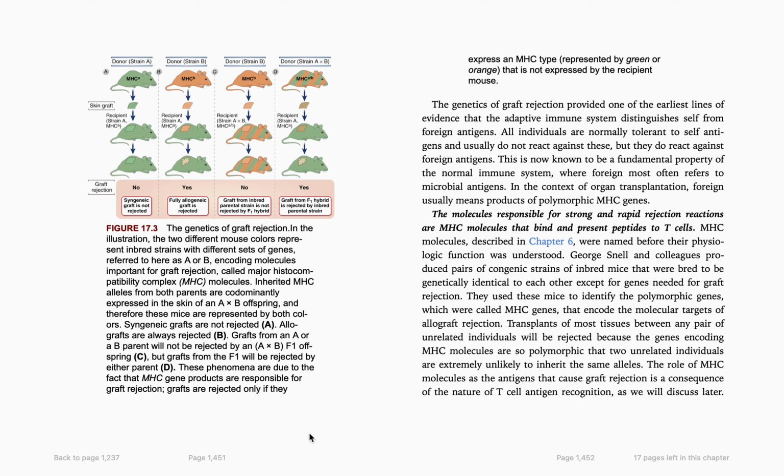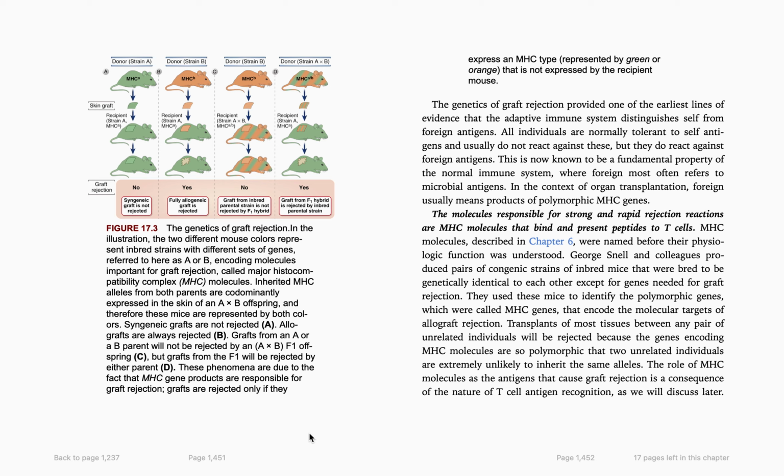This is now known to be a fundamental property of the normal immune system, whereby foreign most often refers to microbial agents. In the context of organ transplantation, foreign usually means products of polymorphic MHC genes. The molecules responsible for strong and rapid rejection reactions are MHC molecules that bind and present peptides to T cells.